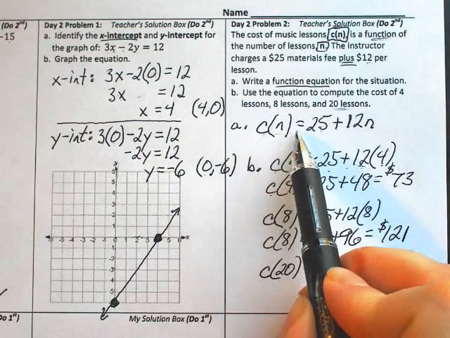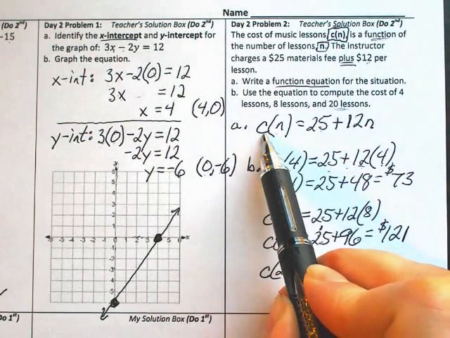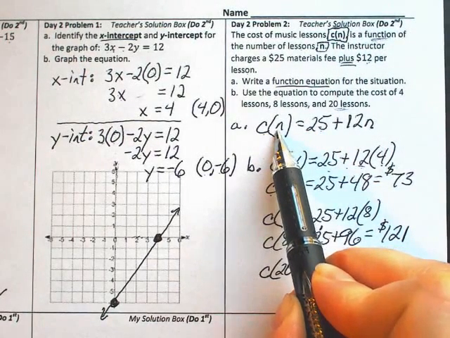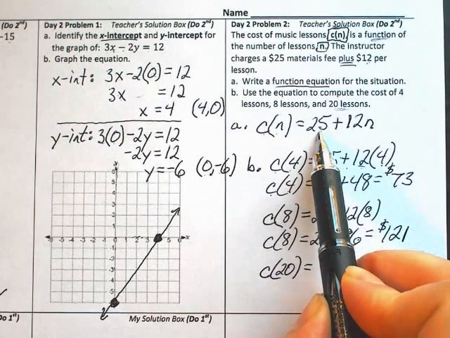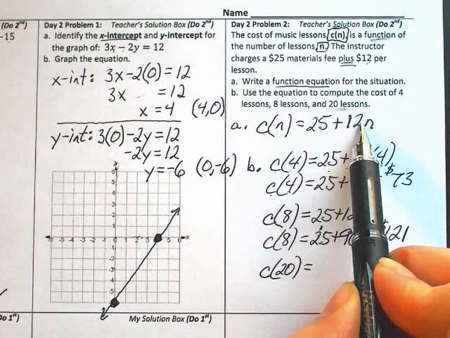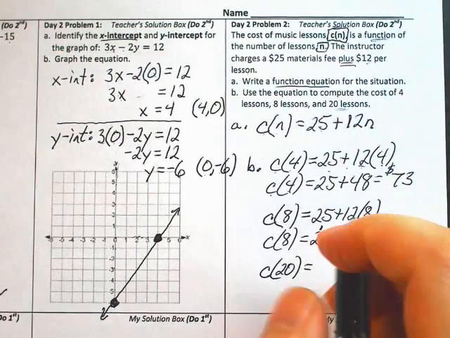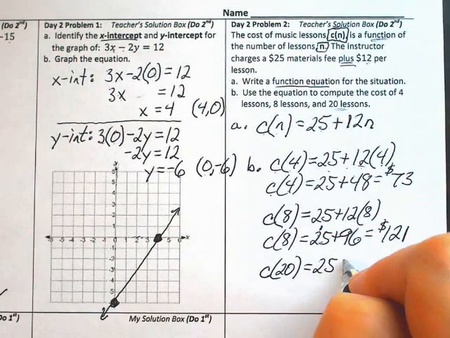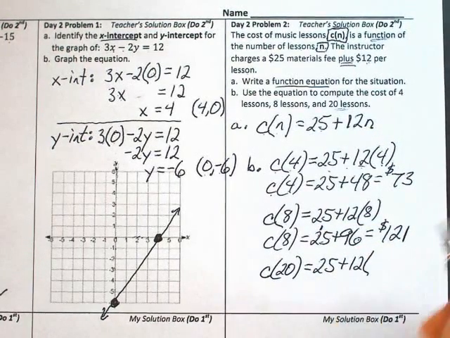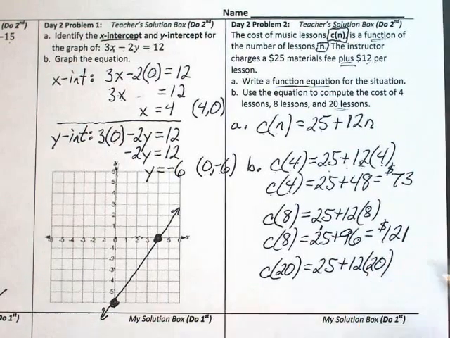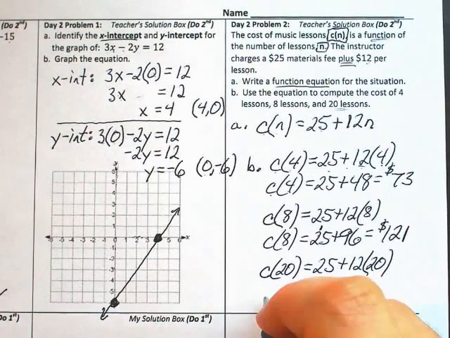And using our equation from earlier, we know we can find the cost of any number of lessons by going 25 plus 12 times the number of lessons. So 25 plus 12 times 20 lessons. What does that make?